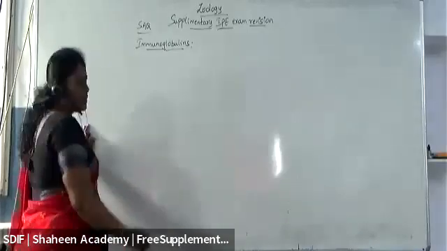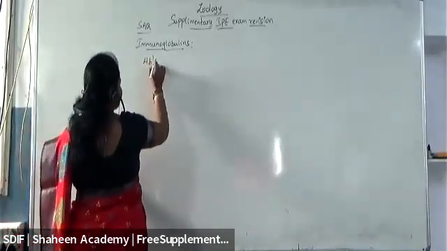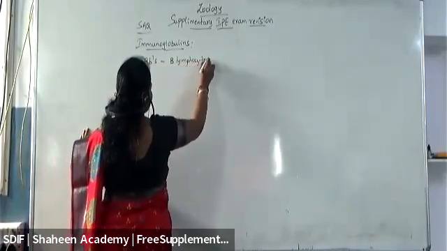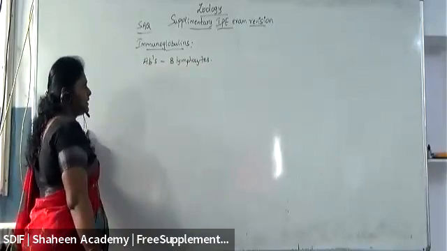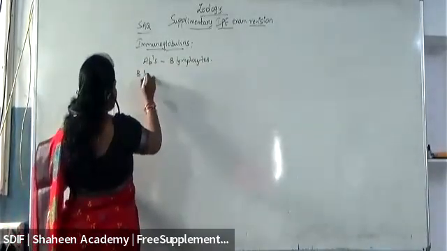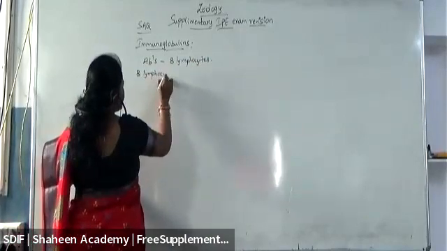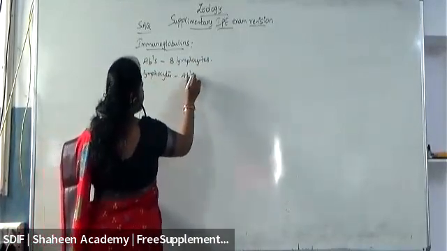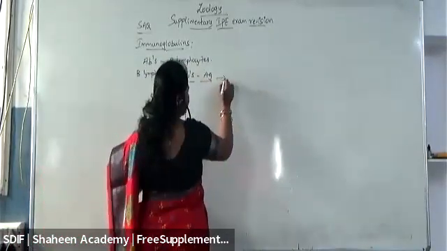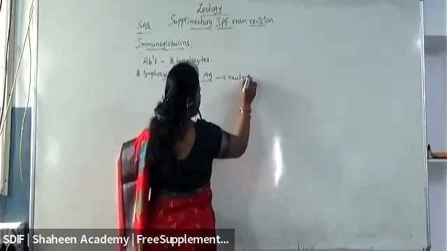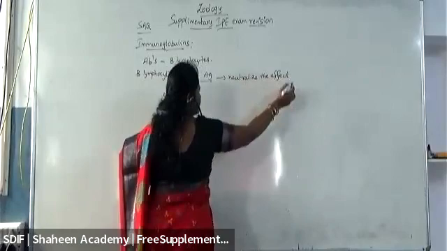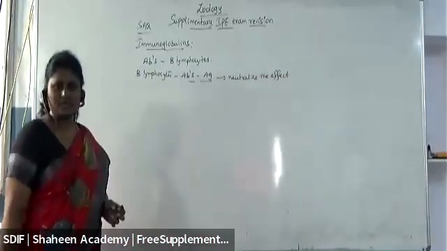Immunoglobulins are nothing but antibodies secreted by B lymphocytes, and whatever antibodies these B lymphocytes secrete bind with antigen and neutralize the activity of antigen. They neutralize the effect of the antigen so that you won't get the disease.